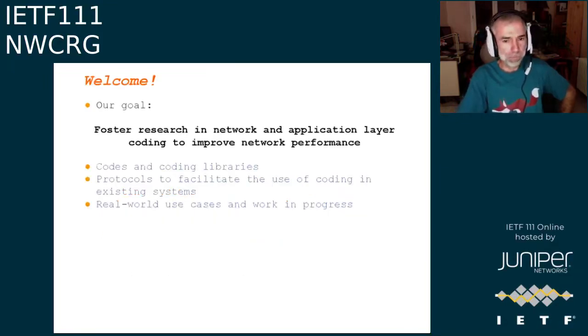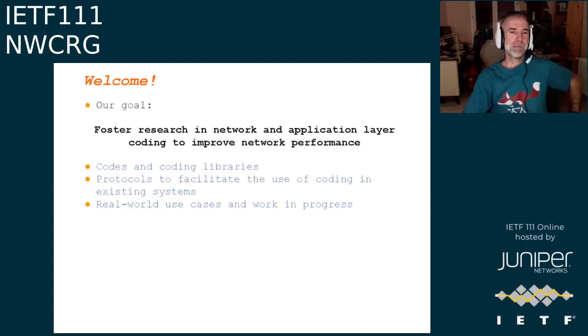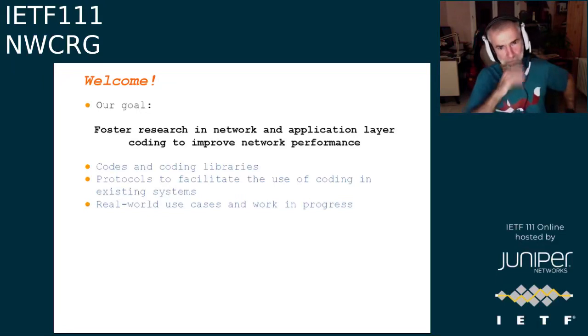So the goal from the beginning was to foster research in network and application layer coding, with the goal to improve overall network performance, and from there application performance. Codes and coding libraries, looking at protocols that use coding, and real-world use cases. We did a lot of work on codes and coding libraries, as Vincent is going to mention.